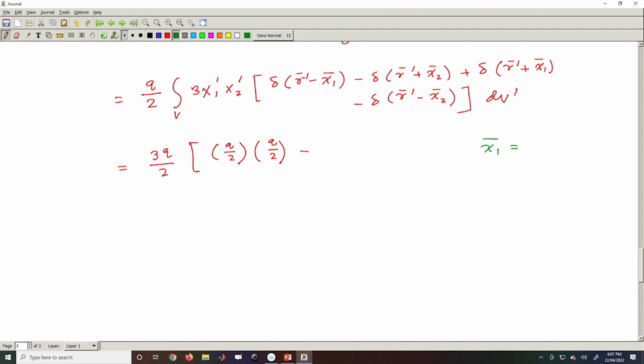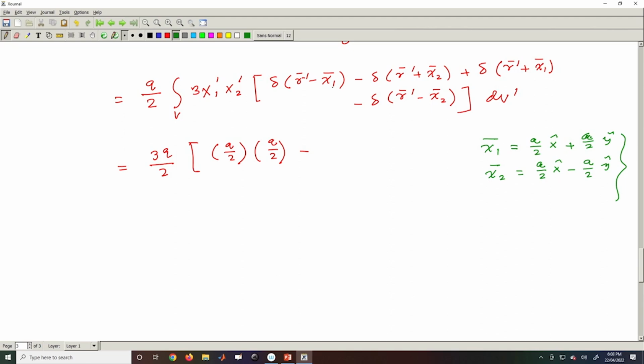So chi1 was a by 2 x plus a by 2 y, and chi2 was a by 2 x minus a by 2 y. So that component, that x and y value is important here.